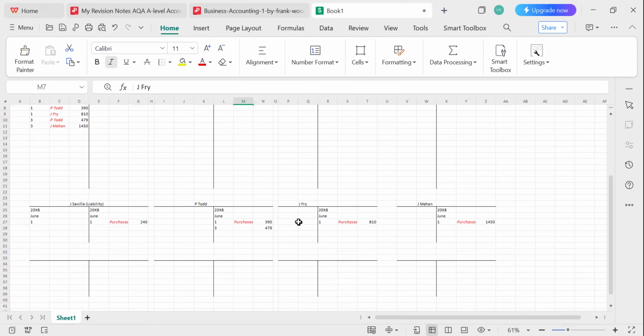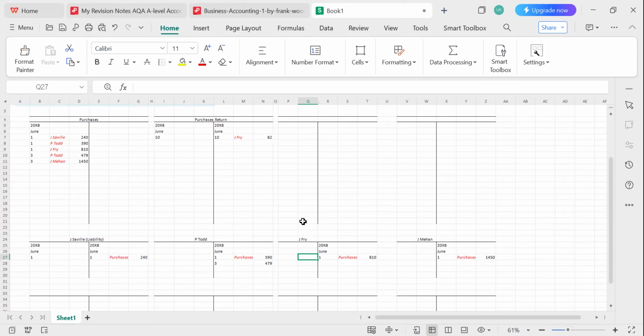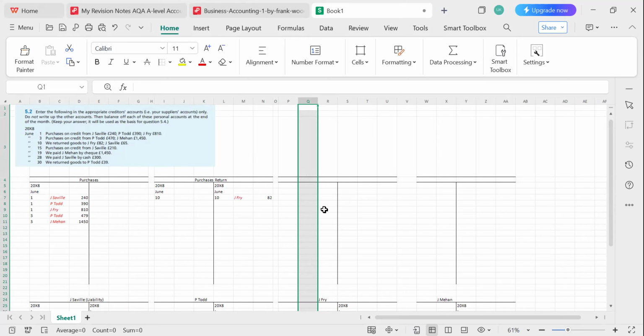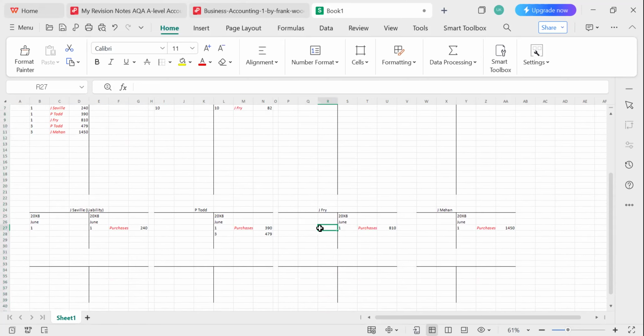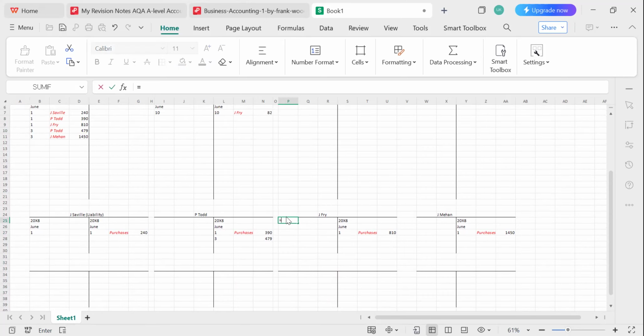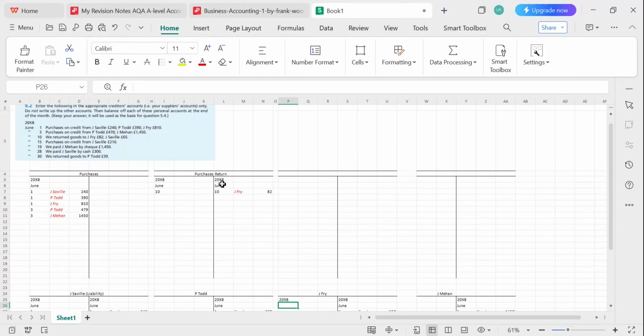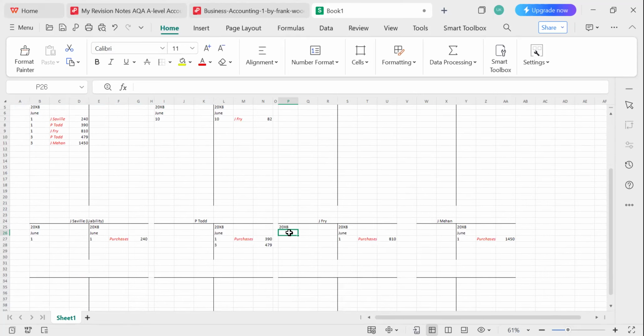Why are we debiting J Fry? We are debiting J Fry because this is the liability decreasing. Okay, we returned some of the goods to J Fry. Now we don't need to pay him. We debit J Fry. Okay.